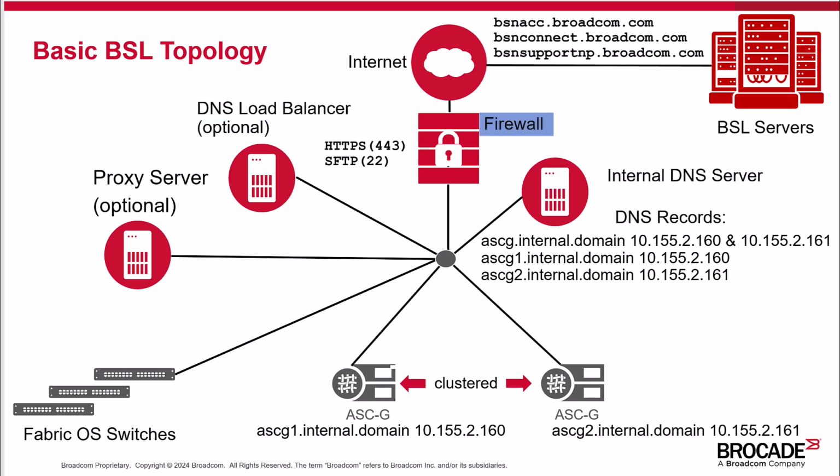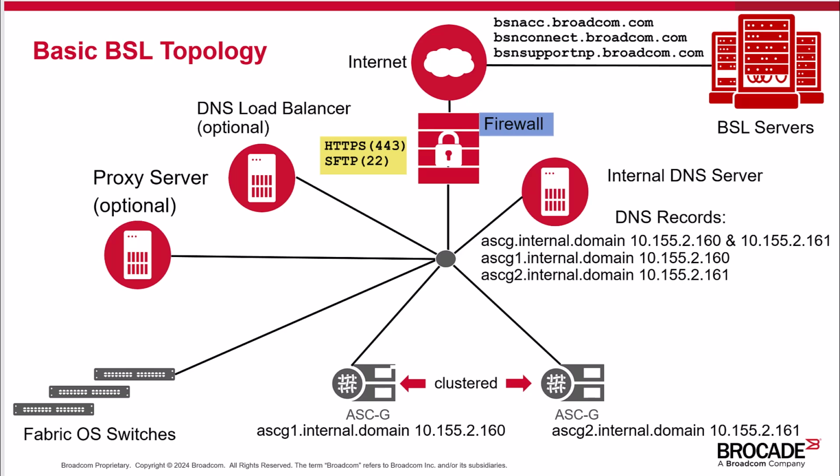Now let's focus a little bit on firewalls within a BSL environment. You may have multiple firewalls. Obviously, internally for your devices, the SAN switches must have full access to the gateways, but that's internally. Externally, you must configure the enterprise firewall for outbound connections on port 443, that's for your HTTPS connections, and port 22.